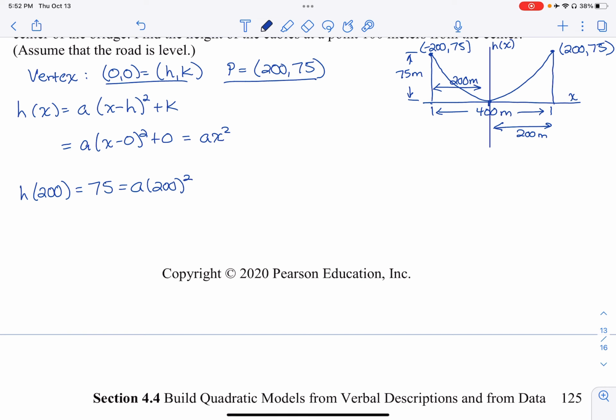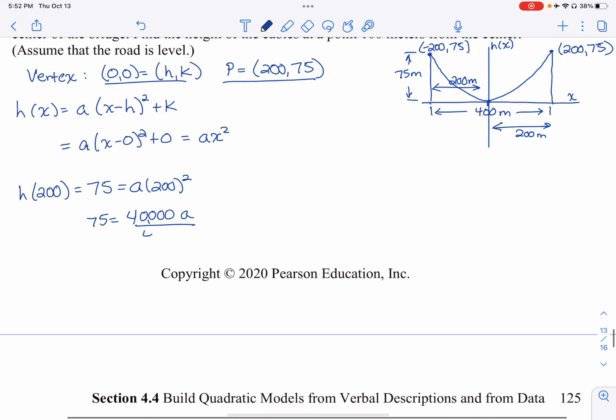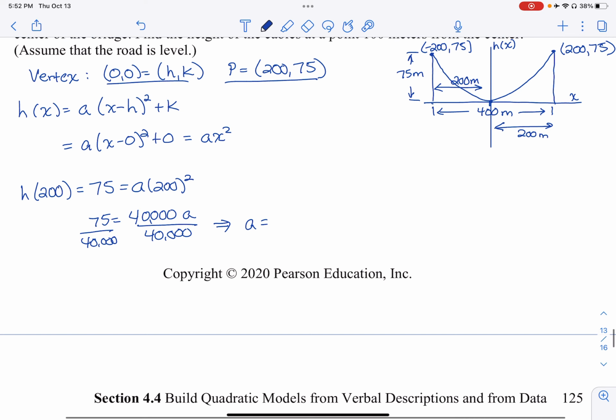So here we have 75 equals 40,000 times a. If I divide both sides by 40,000 and simplify, both are divisible by 25, so I end up with a equals 3 over 1,600.